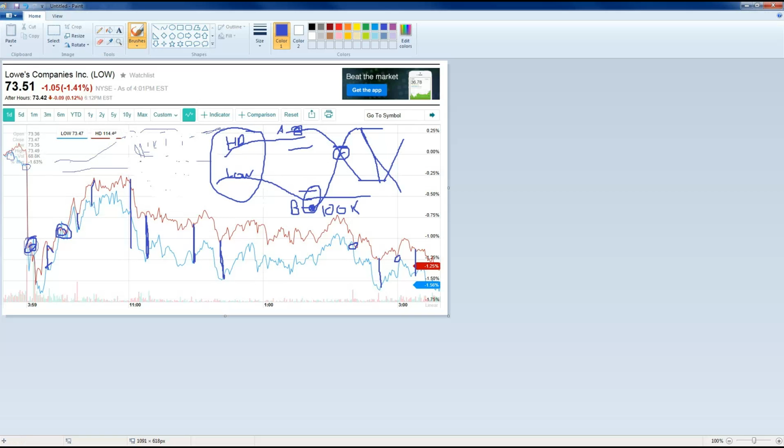Far better, because as soon as they converge and diverge, you should get a very high ratio, in my opinion, of profitability. Make sense?